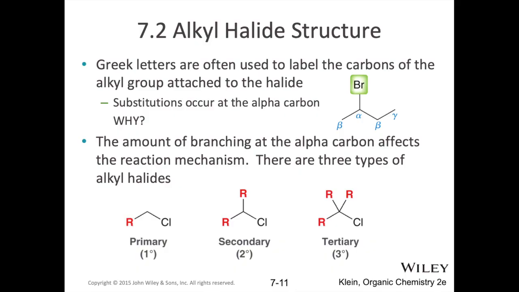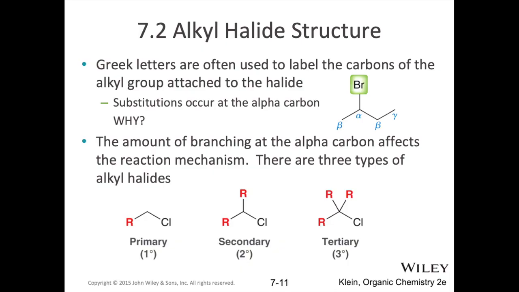You could have a primary, secondary, or tertiary carbocation depending on how many alkyl groups are attached to the carbon with a positive charge on it. Similarly here, when we look at our alpha carbon, you've got your halogen, you've got the carbon next to it. Not that carbon, but the things attached to that carbon are what tell us whether it's primary, secondary, or tertiary.